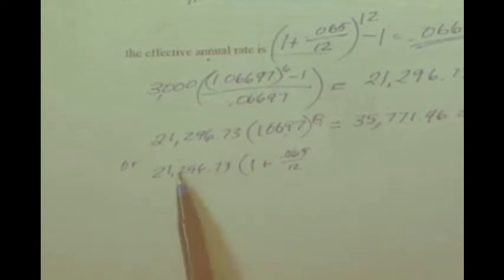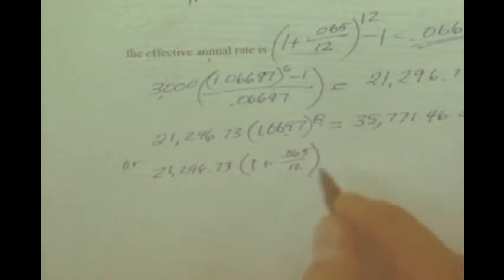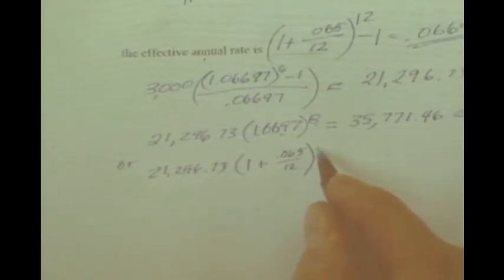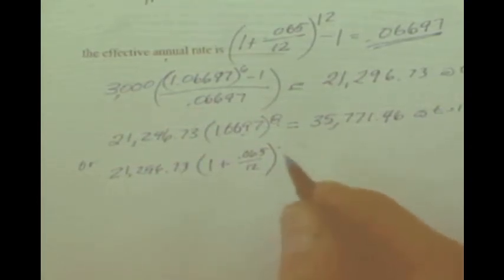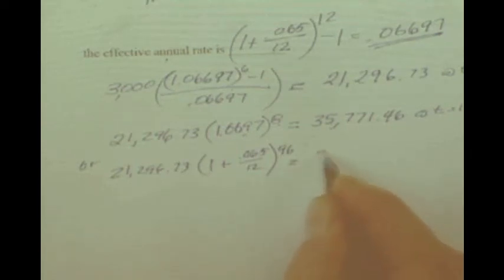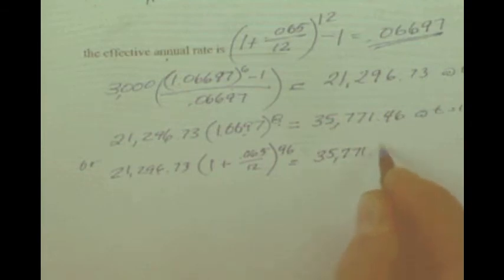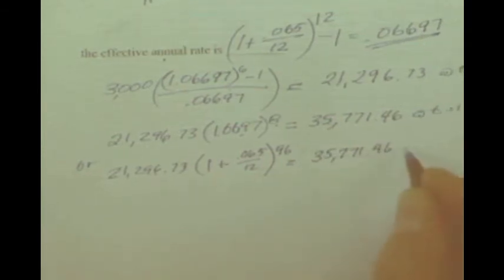We could also use our building block equation with our 1-month rate. Of course, our exponent has to be in months. And in 8 years, there are 96 months. And I'm willing to bet you will get the same answer exactly.